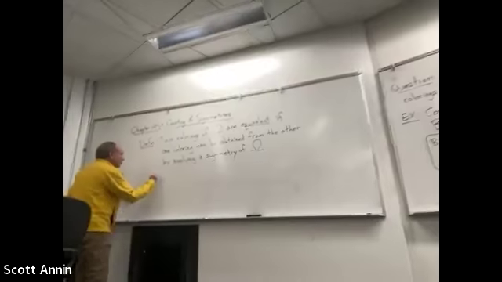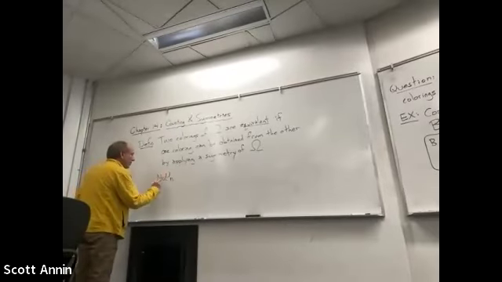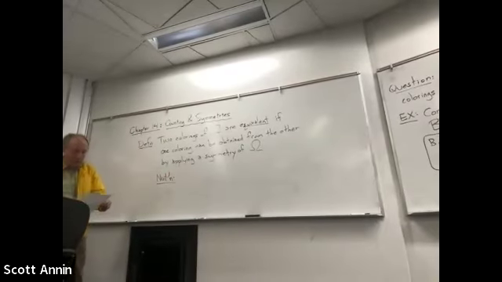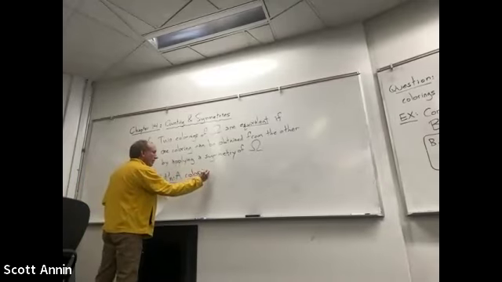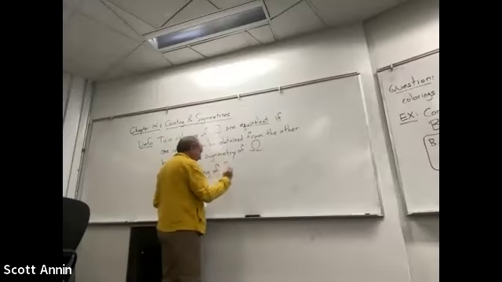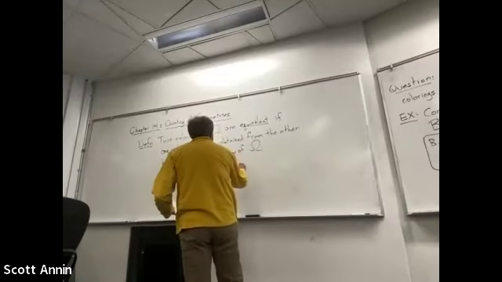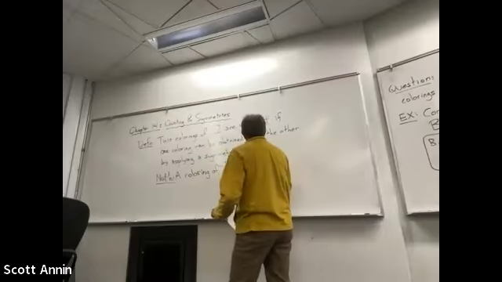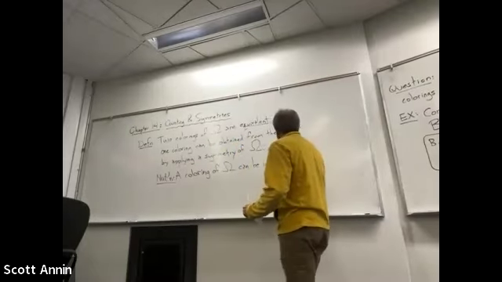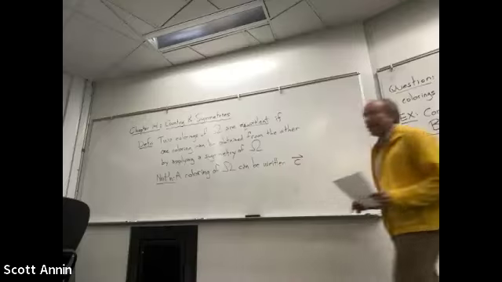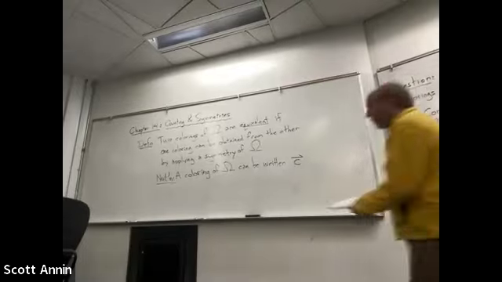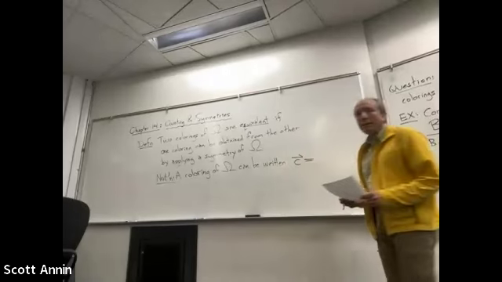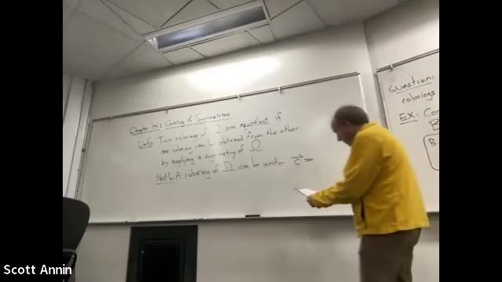Let me write down a notation that we are going to find helpful for talking about colorings. A coloring of omega can be written as a vector. The coloring can be thought of as a list of colors arranged into a vector.